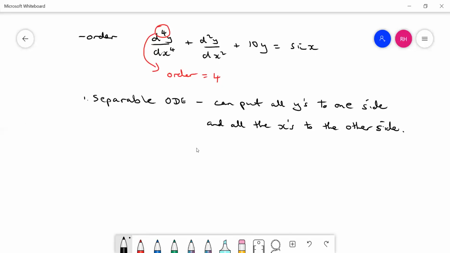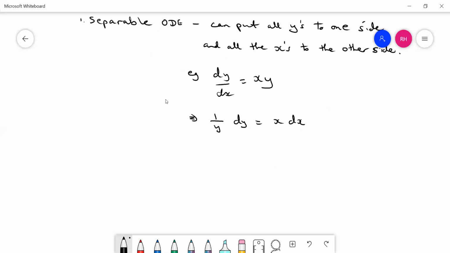Let's look at an example. dy/dx equals xy. This is a really simple one. What we would do is write 1 on y dy equals x dx. So this is saying 1 on y times some infinitely small change in y gives you the same as x times a very, very small change in x.